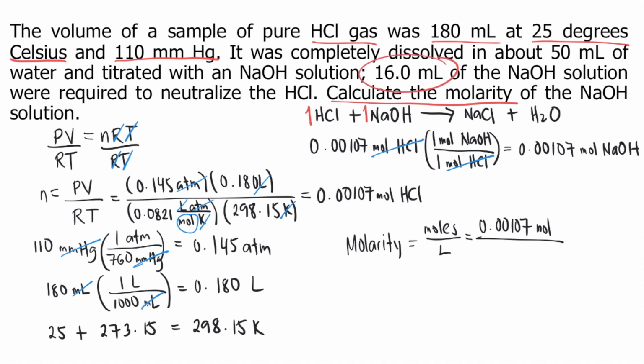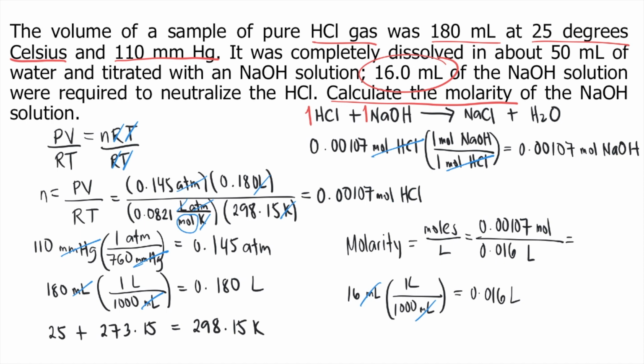But first, we need to convert that to liters. 16 ml, again, 1 liter is 1,000 ml. So ml would cancel. That is equal to 0.016 liters.